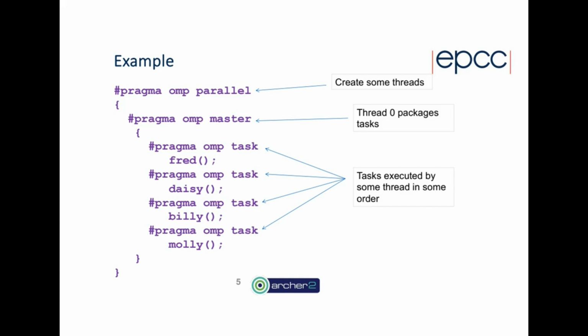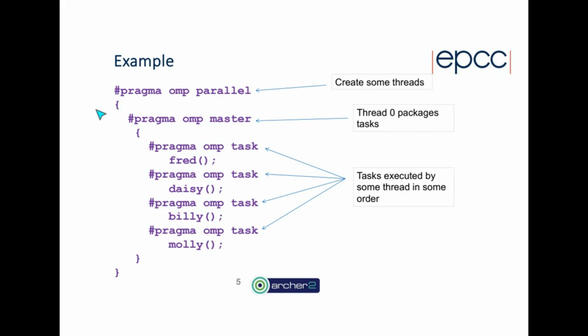Okay, so a very simple example. To emphasize, we need to be inside a parallel region for any of this to make sense. A very common pattern for tasks is to have only one of the threads inside the parallel region doing the task generation. At first sight, this looks a little bit odd.